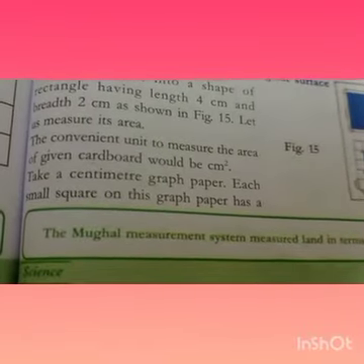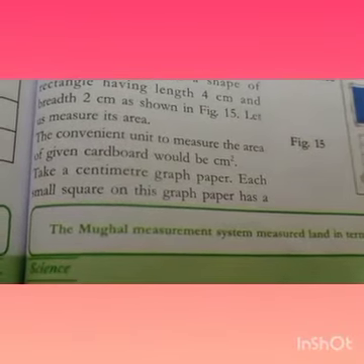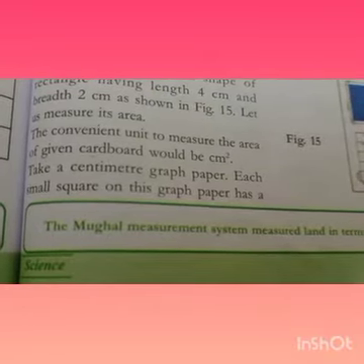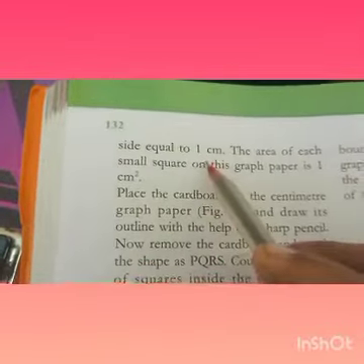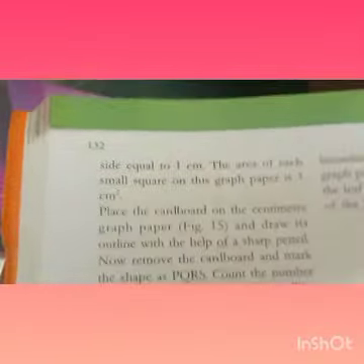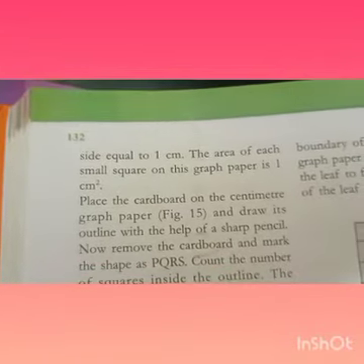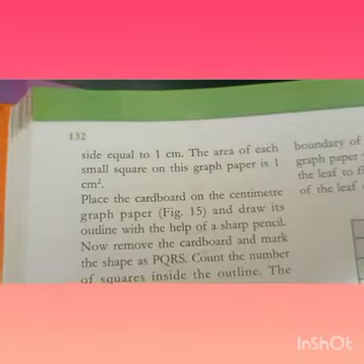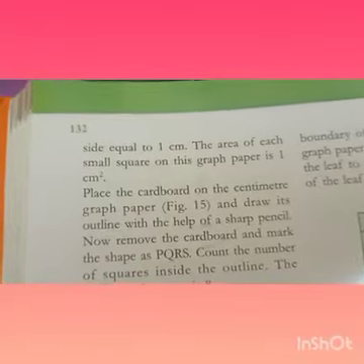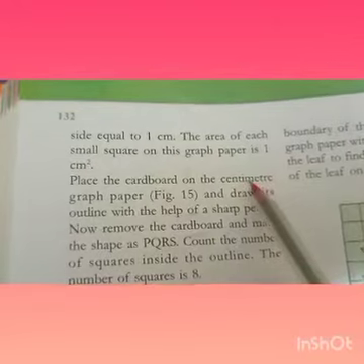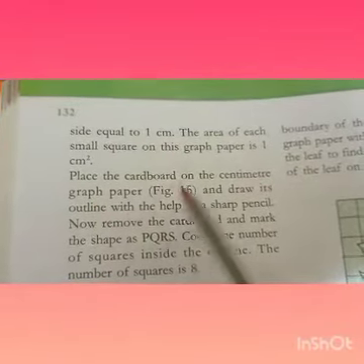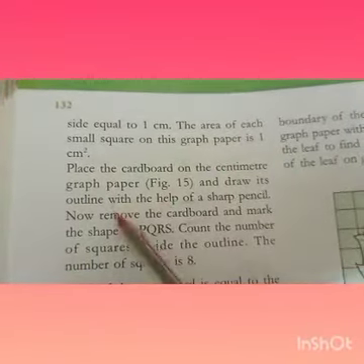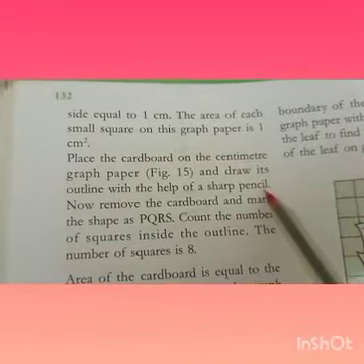Take a centimeter graph paper. Each small square on this graph paper has a side equal to 1 centimeter. The area of each small square on this graph paper is 1 square centimeter. Now place the cardboard on the centimeter graph paper and draw its outline with the help of a sharp pencil.